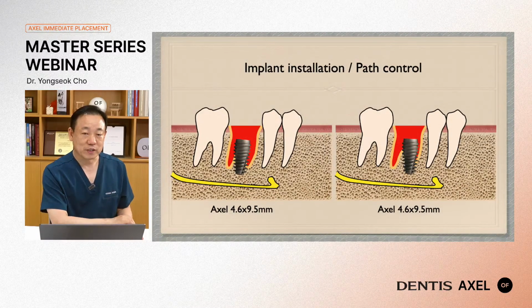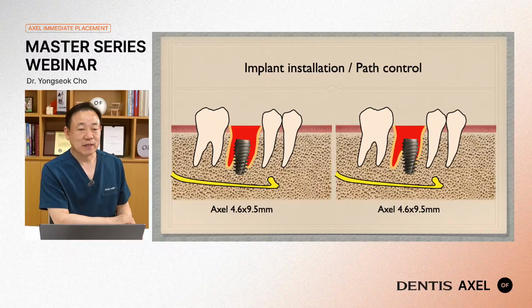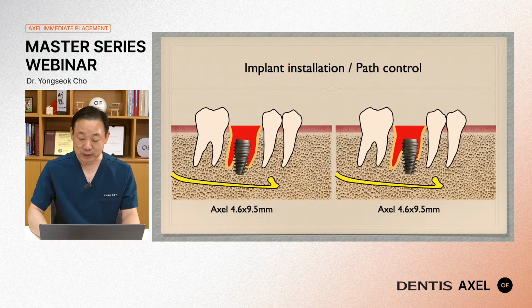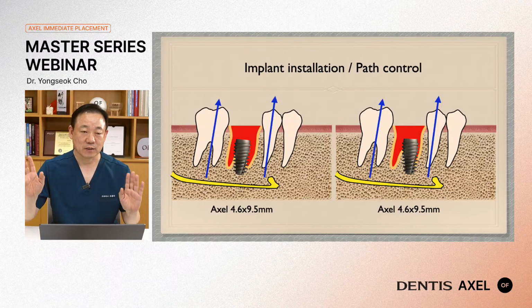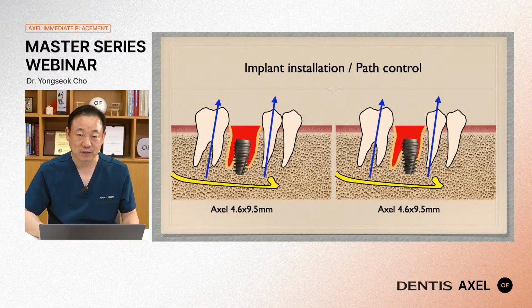There are two situations when we can place the implant at the center of the socket. Generally, inside the septum, we can keep the path watching adjacent teeth, and a bisecting path is ideal. Anyway, the hole is at the center.